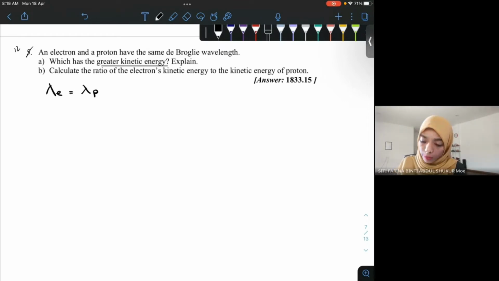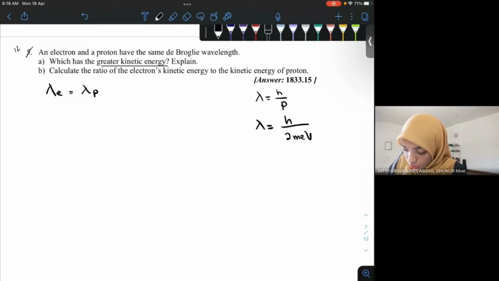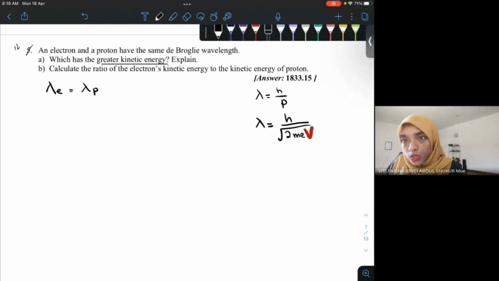Dia suruh explain pula. So for that, you're going to find an equation that can relate your lambda and your kinetic energy. Kita tahu lambda, kita ada H over P. Ini yang paling basic de Broglie. And then you have a derivation which leads you to 2mEV, di mana V ni adalah potential difference, V besar. So you have Planck constant divided by square root of 2 mass of electron, charge of electron, potential difference.